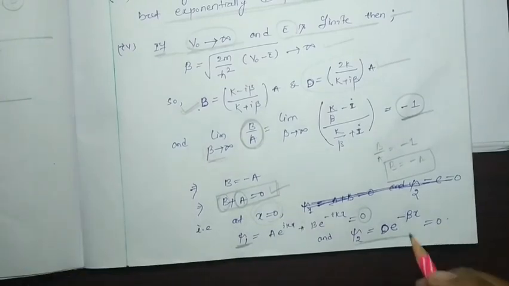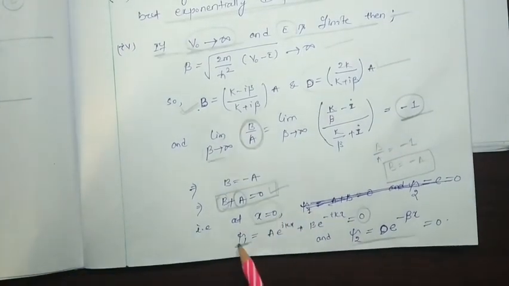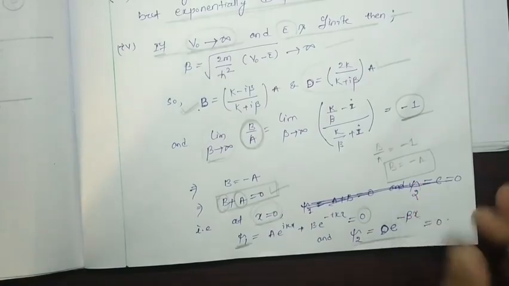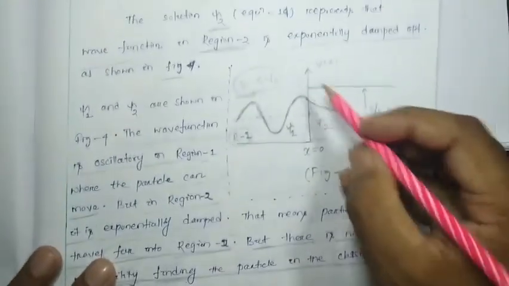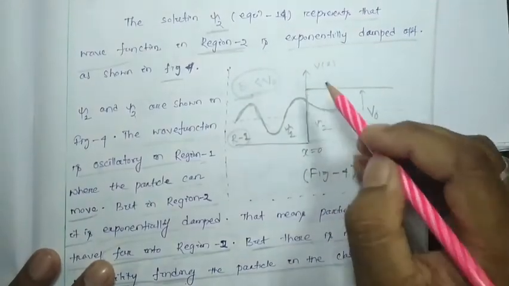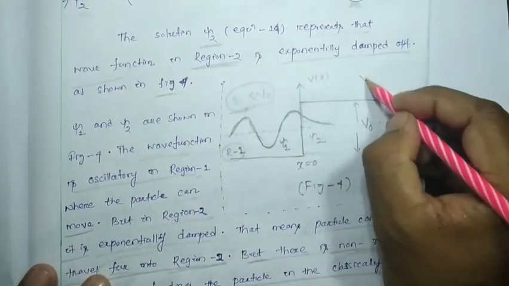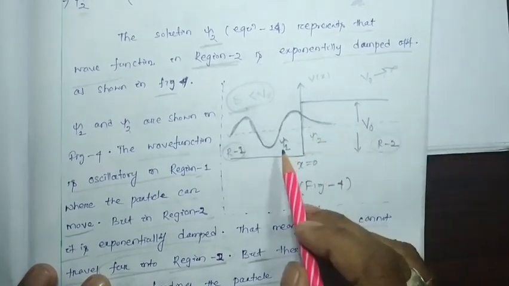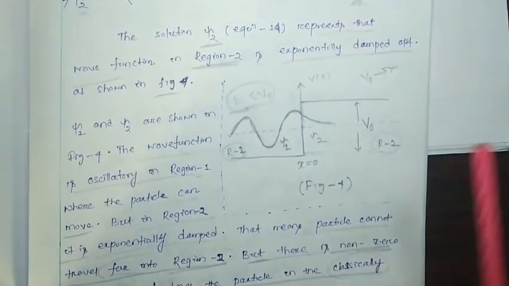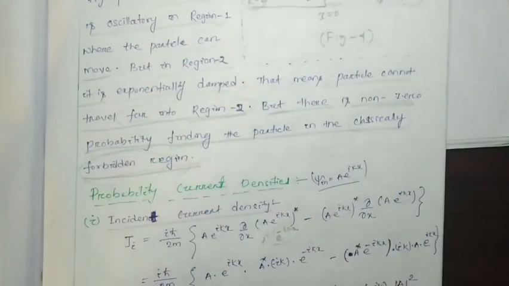So at x equal to 0, both wave functions vanish. So at exactly the interface, if V0 is infinite, these two wave functions do not exist. So this is all about the potential step.